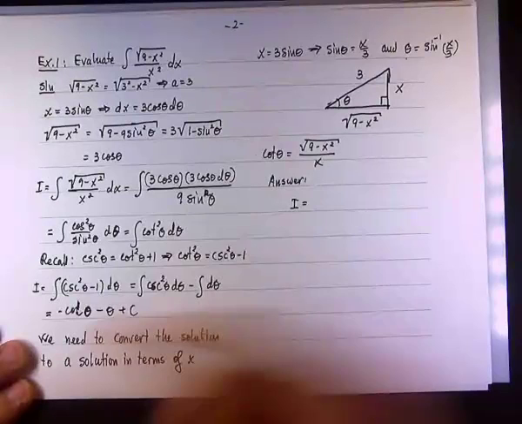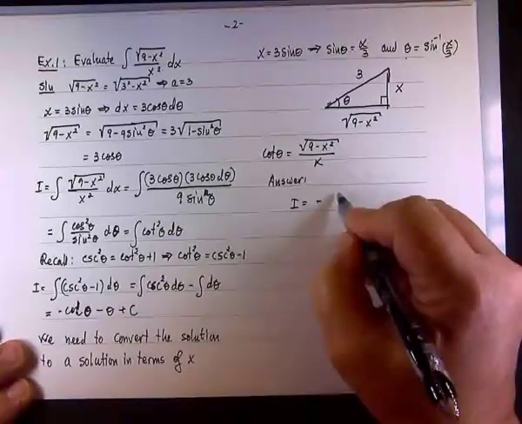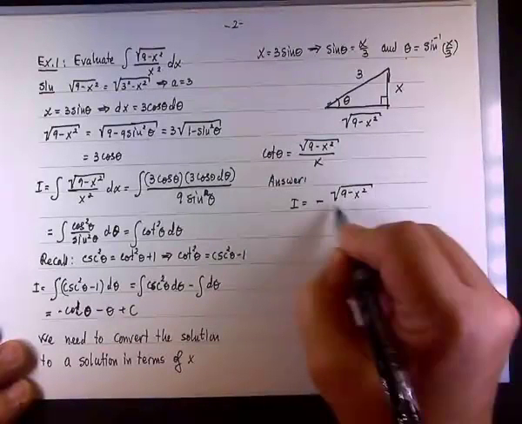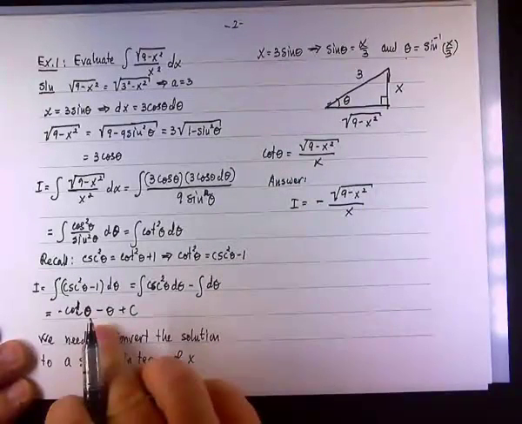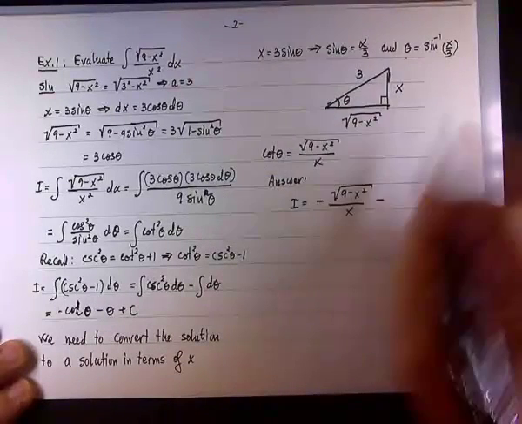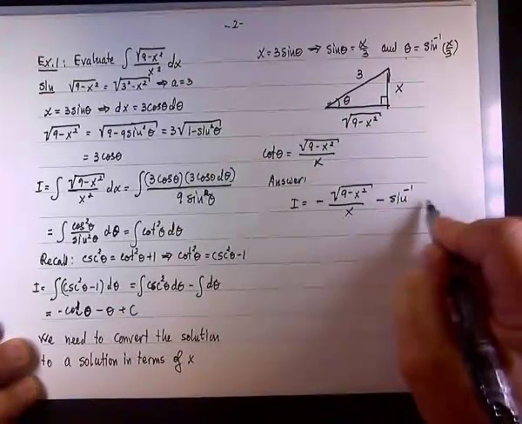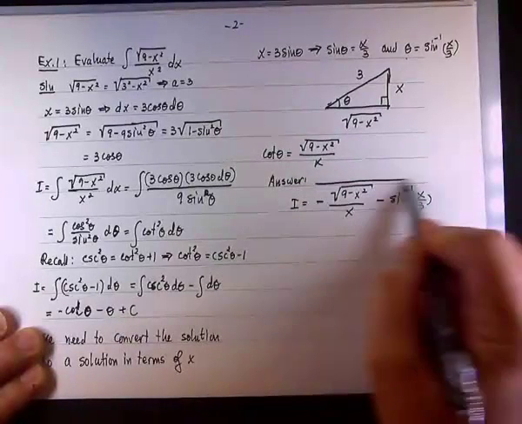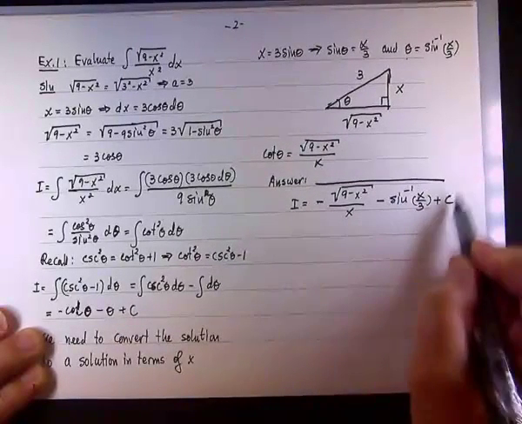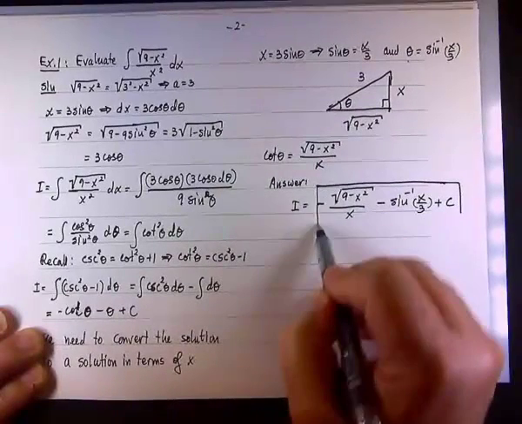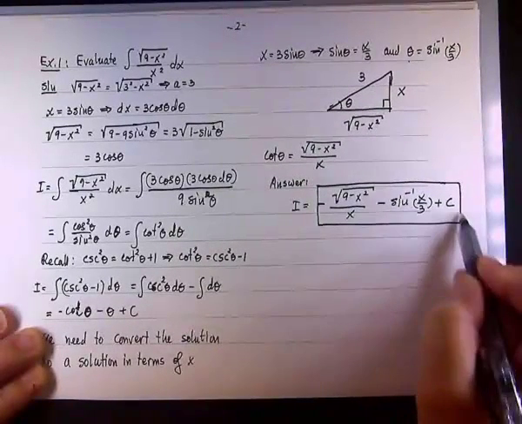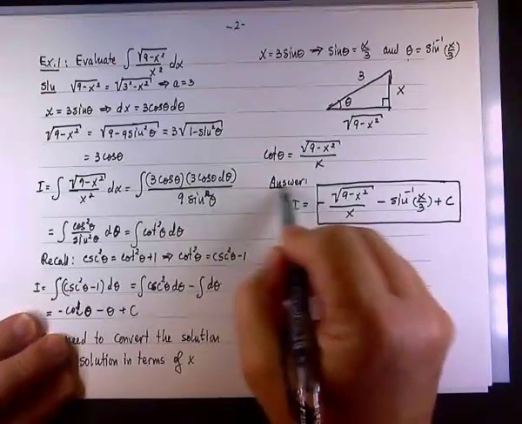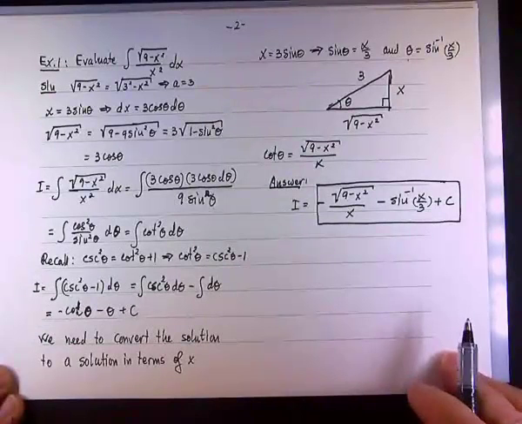So we have an expression for theta, we have an expression for cotangent theta, and the answer, the integral I, will be negative the cotangent. Well, the cotangent in terms of x is the square root of 9 minus x squared over x, and then minus theta, and theta is the inverse sine of x over 3. Plus c, thank you.